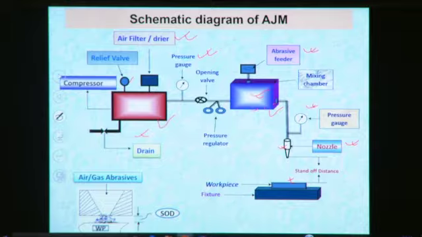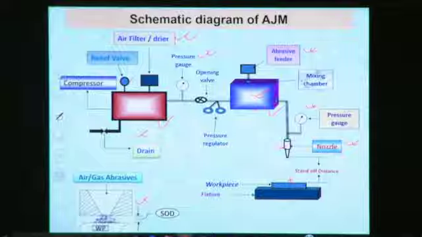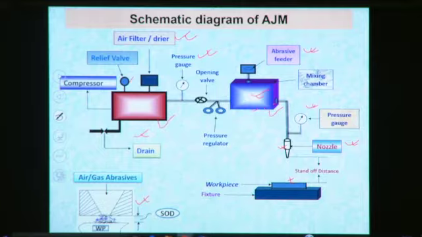One interesting thing, which I mentioned in the last slide: because of the divergence of these abrasive particles, they come in contact with the air outside the nozzle, so there is a flaring of the abrasive air mixture.